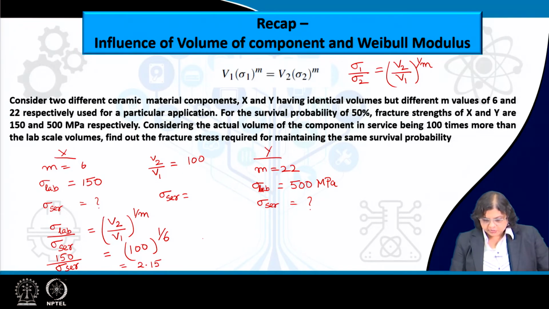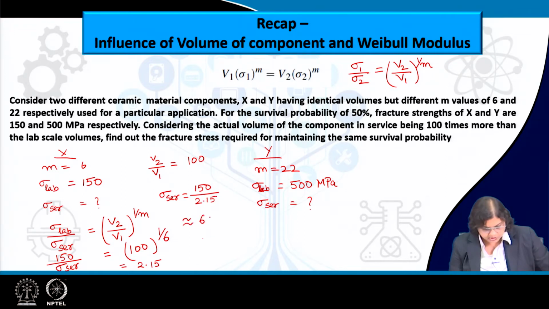Okay, and sigma service will be then 150 by 2.15. So, this is coming around 69.6 MPa. Okay. So, this is for condition x.